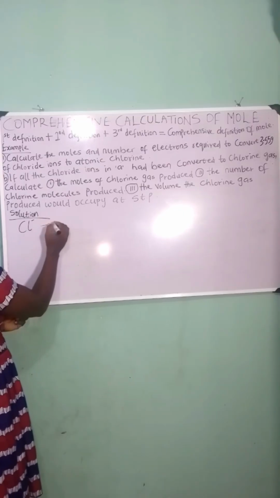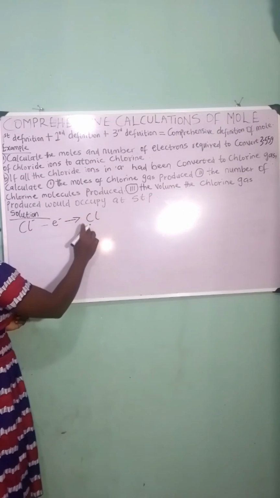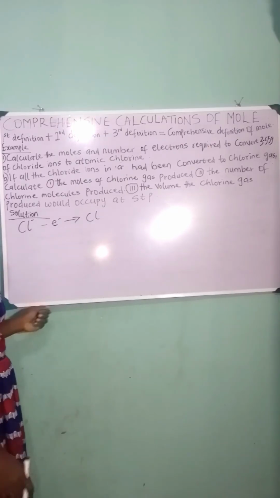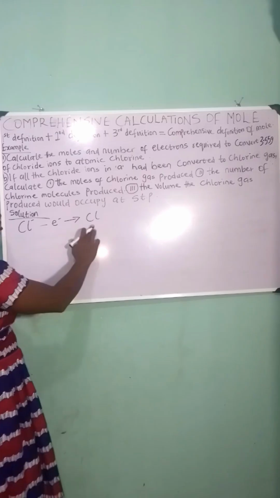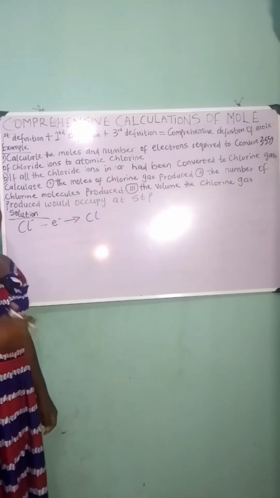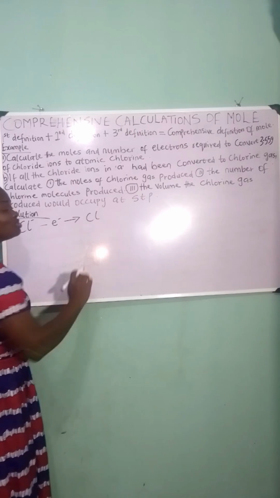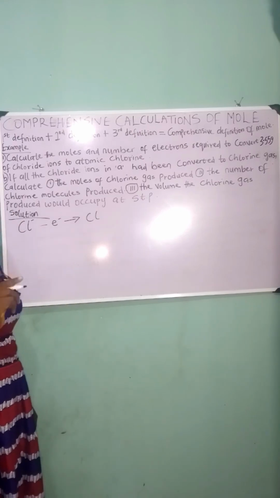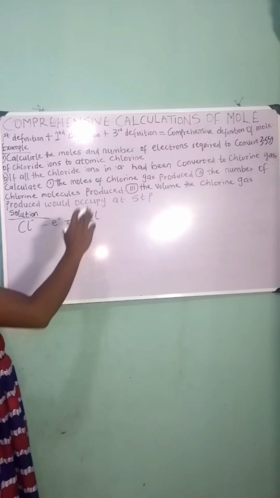When it loses an electron, it will fall back into its neutral state, which is atomic chlorine. They did not say gaseous chlorine, just atomic, only one. If it is gaseous chlorine or chlorine gas, it would have been two here, but just atomic, only one. Please do not forget. This is the equation for this reaction.